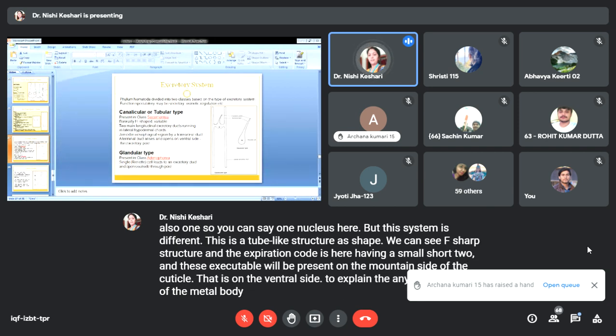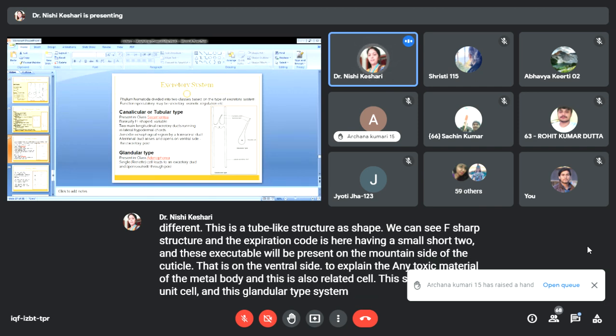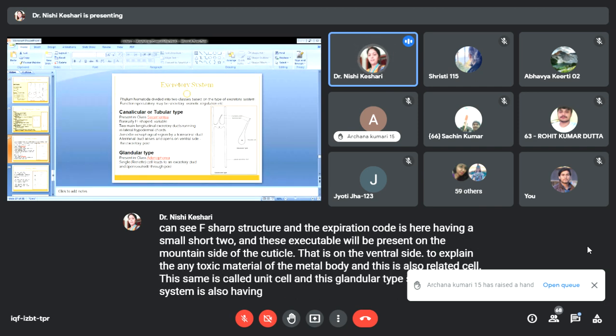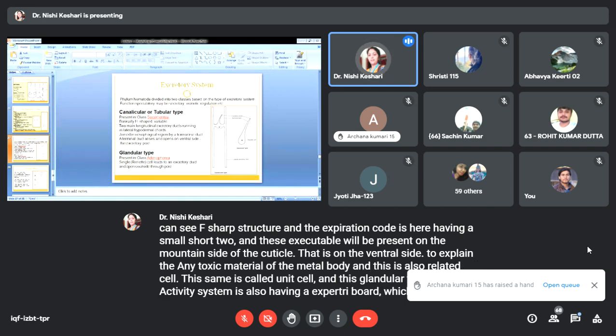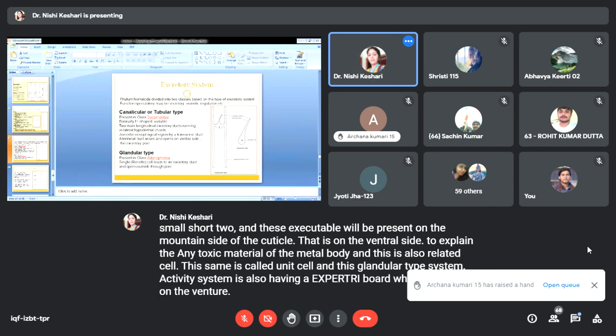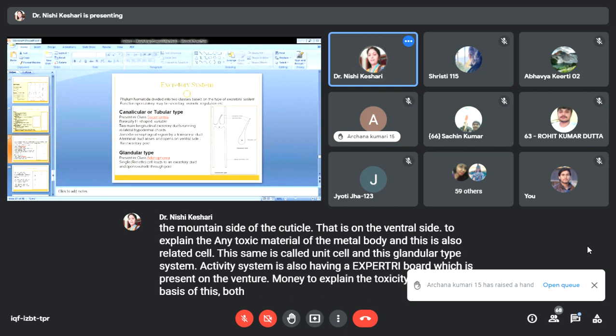And this is also a lineate cell. This cell is called the lineate cell, and this glandular type excretory system also has the excretory pore, which is present on the ventral side of the nematode body to excrete the toxic material. So on the basis of this, all the nematodes are grouped into Secernentea and Adenophorea.